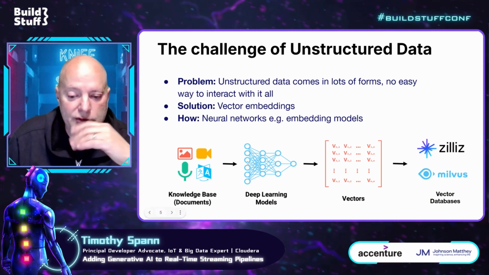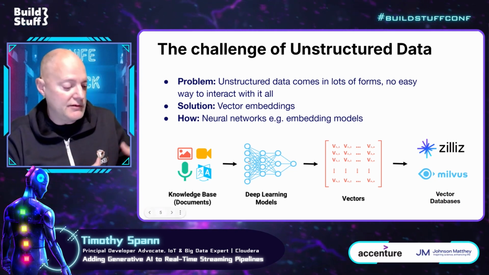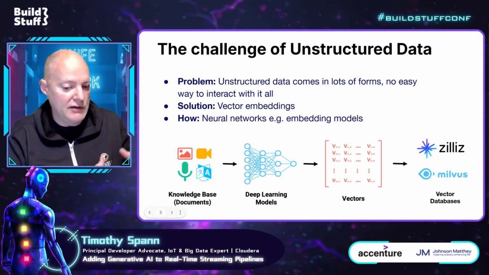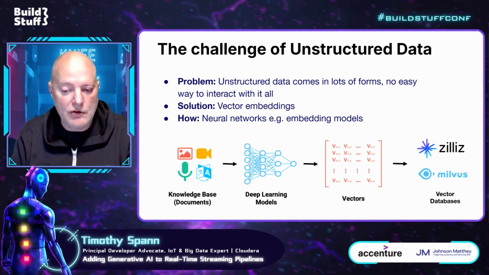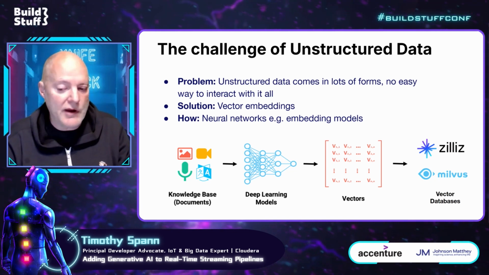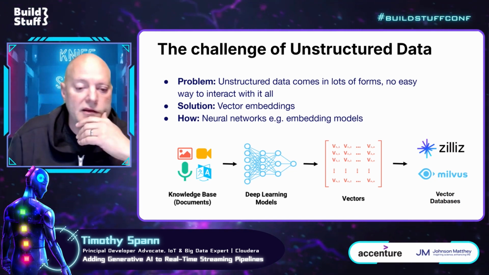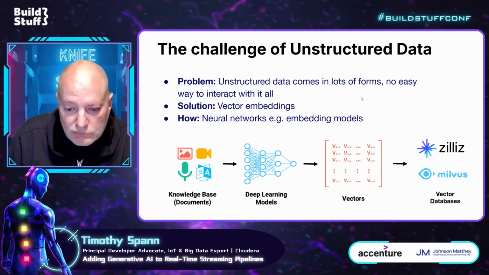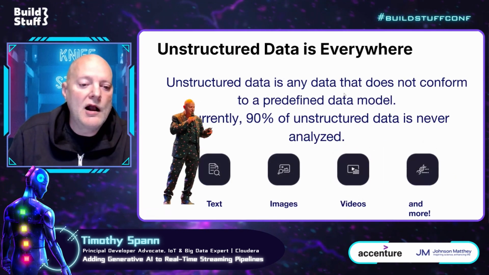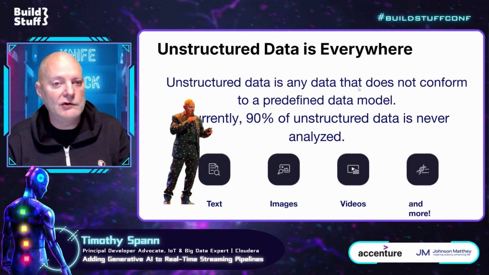But there's some common ones we use. And this takes this unstructured data, converts it into vectors, high dimension, often sets of arrays that we store in a database, such as Milvus, that makes it available for search, which is very helpful.